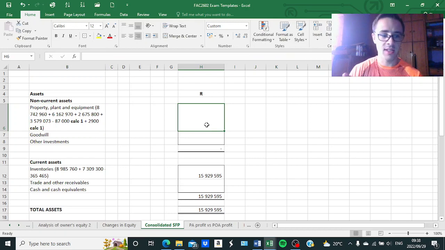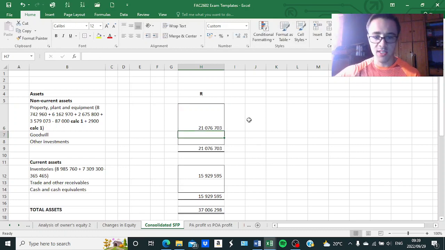And if we calculate that, let me just do my calculations. 6162970, 2675 800 plus 3579073. Remove the unrealized profit of 87 and add back the unrealized depreciation removed, and that will give you 21076,703. That is the value for property, plant, and equipment for the group.